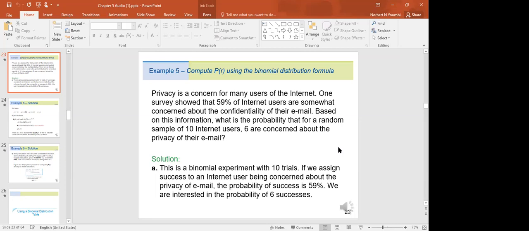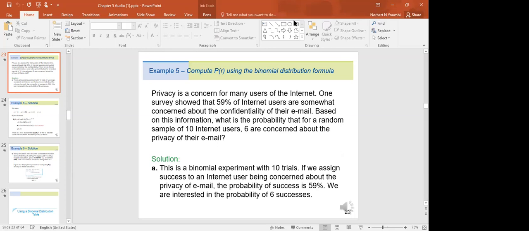What is n here, the number of trials? 10. And what is the probability of success? 59%, 0.59. So the question here is, what is the probability that for a random sample of 10 internet users, 6 are concerned about the privacy of their emails?